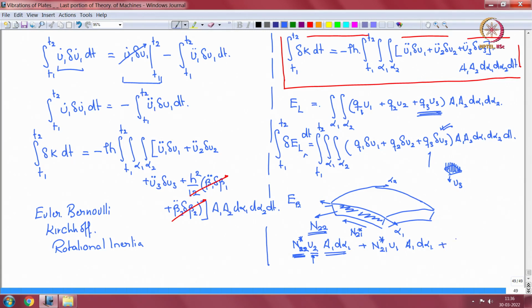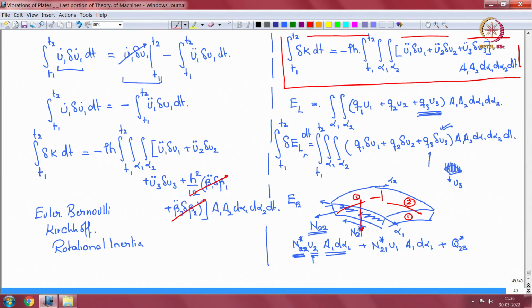Plus you have Q23 star, on the 2 face in the 3 direction. So this is the 1 face, normal to alpha 1. This is also the 1 face normal to alpha 1. This is the 2 face normal to alpha 2.